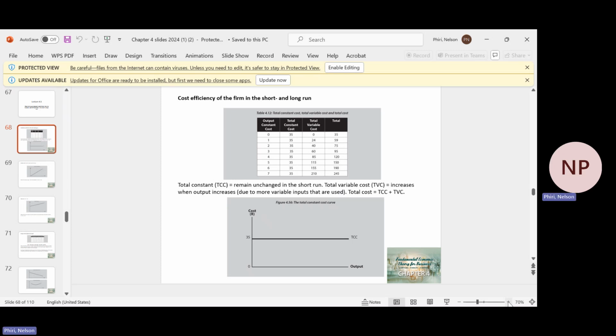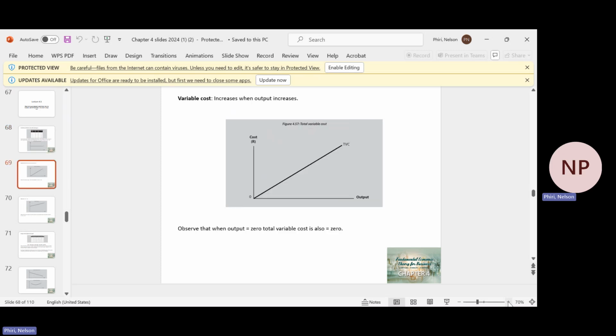You can see in the table, for example, when our total constant cost is 35 and the total variable cost is 24, our total cost is 59. Then we look at the next line when our total constant cost is 35 and the total variable cost is 40, the total cost becomes 75. So that's how you calculate your total cost.